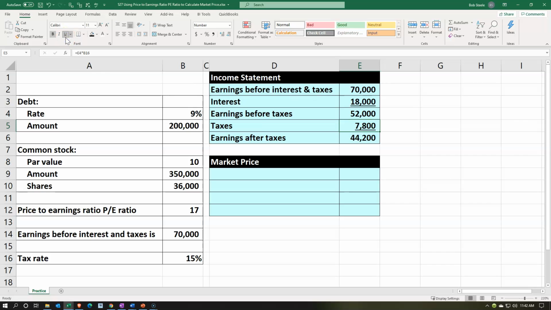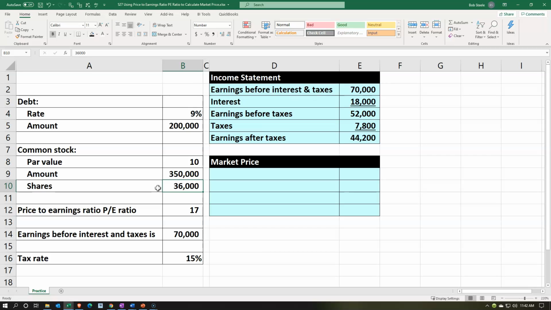So now that we have the earnings, we want to break out the earnings to a per share basis, and then we will think about the market price using the PE ratio. Now, remember what we're doing on the earnings per share is taking the number of stocks that we have, the 36,000 stocks. We've broken the company out into the stocks, and we're trying to break out those earnings to the stocks.